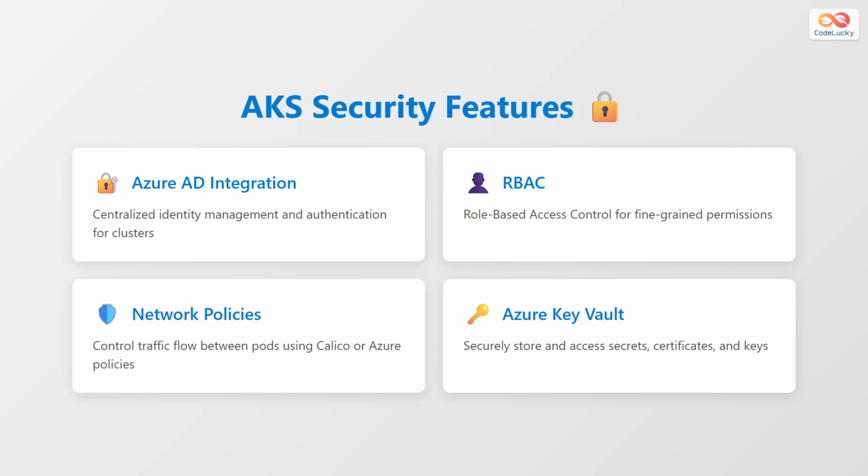Network policies allow you to control traffic flow between pods using Calico or Azure Network Policies, implementing micro-segmentation for enhanced security. Finally, Azure Key Vault integration enables you to securely store and access secrets, certificates, and encryption keys, keeping sensitive data protected.